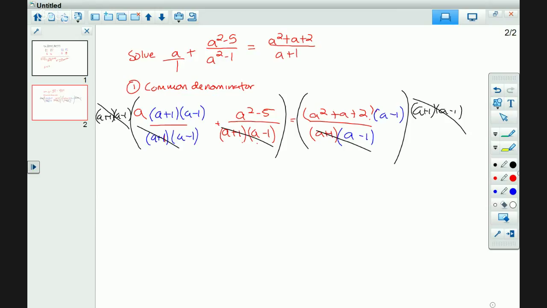So you can show this if you want to. But basically what you're saying is the tops have to be the same. The numerators have to equal each other. So we have a plus 1, a minus 1, plus a squared minus 5 equals the numerator here.